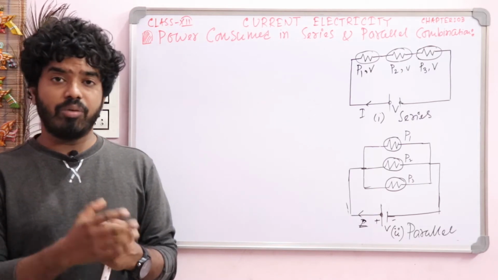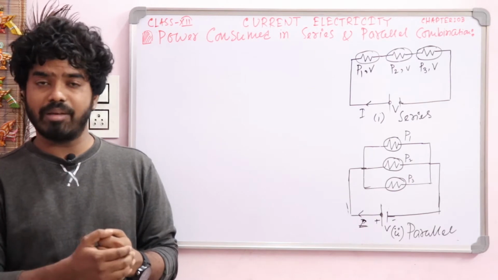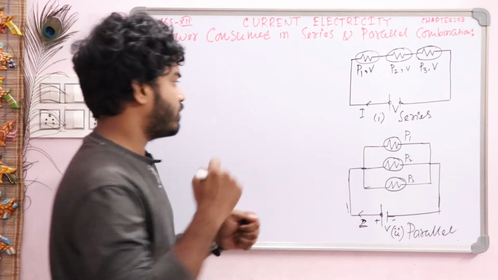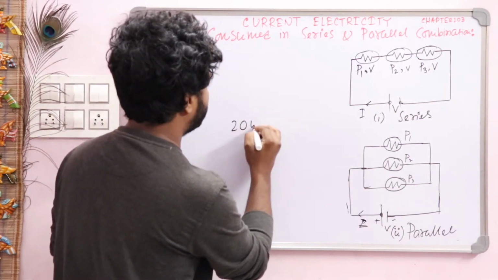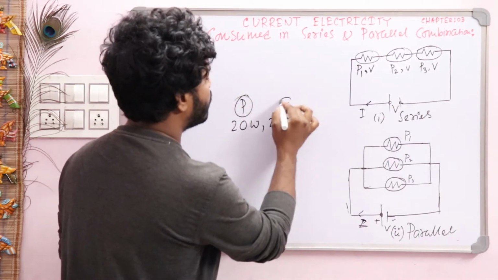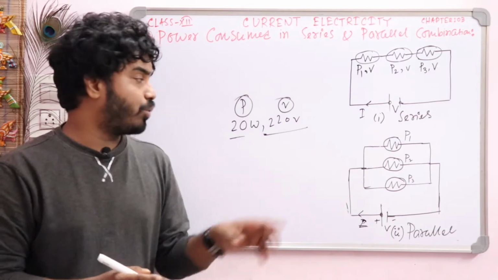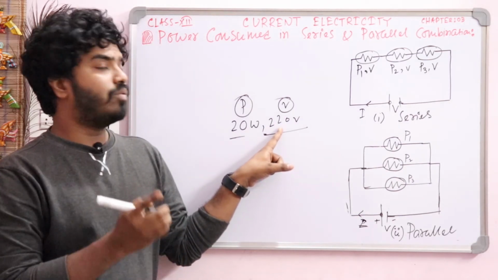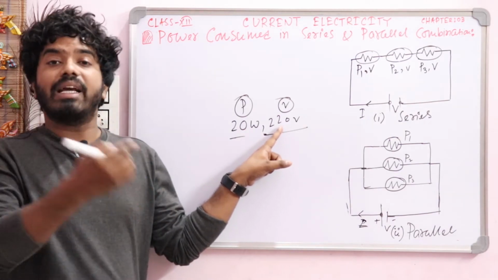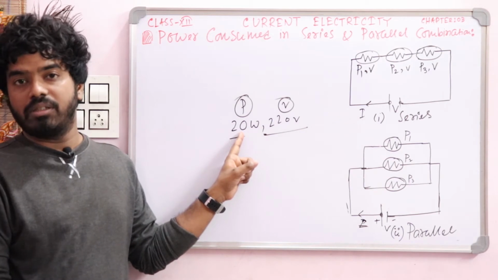When you are buying an electric appliance, suppose you are buying a bulb from the market, you observe there is a marked value. Suppose the value is 20 watt, 220 volt. There is a power value given as well as a voltage value. What is the meaning of it? It says that when we supply 220 volt to that appliance, then the appliance has maximum power of 20 watt.